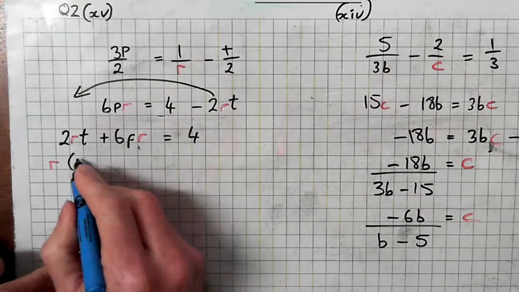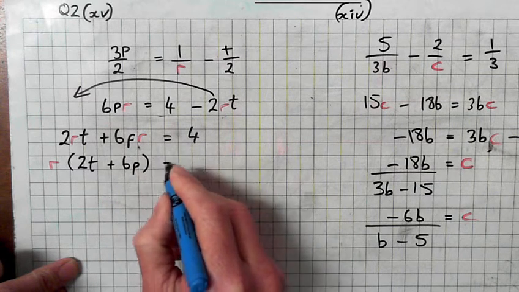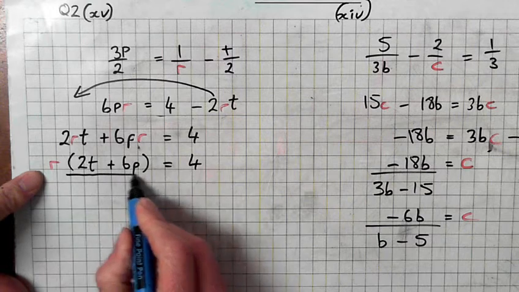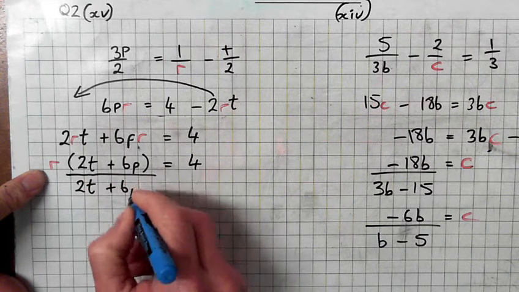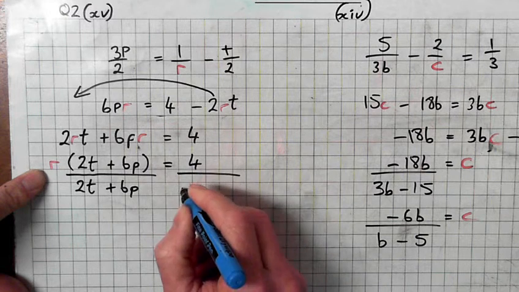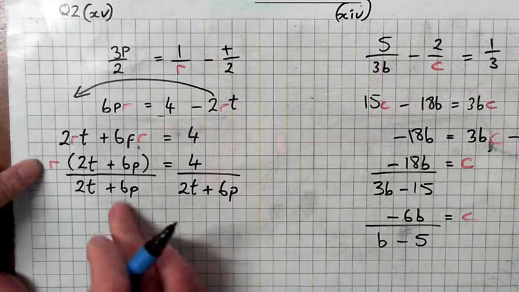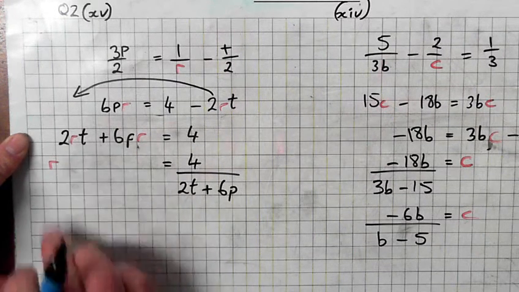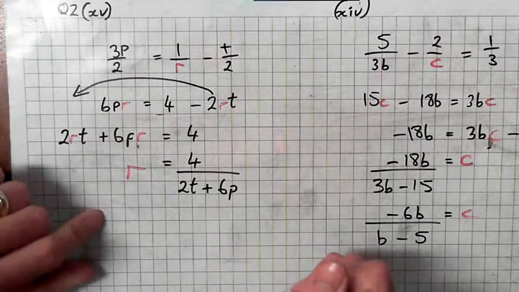What's left? 2t plus 6p is equal to 4. I want to get rid of this and leave r on its own. So what I do to the left, I have to do to the right of the equals. So 2t plus 6p divided by 2t plus 6p is equal to 1. 1 times r is r. So r is equal to this.